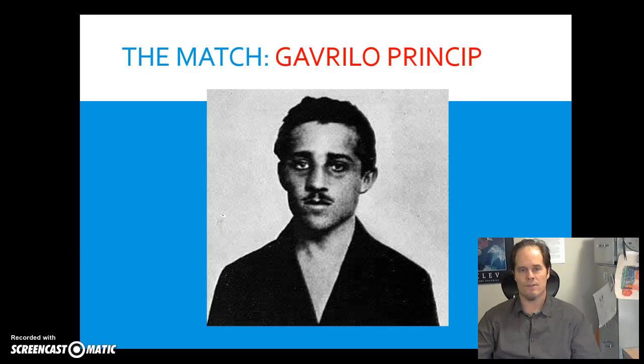So the Archduke Franz Ferdinand was the heir apparent to the Austro-Hungarian Empire. So Eastern Europe at this time is still sort of under the long-lasting Habsburg Empire.